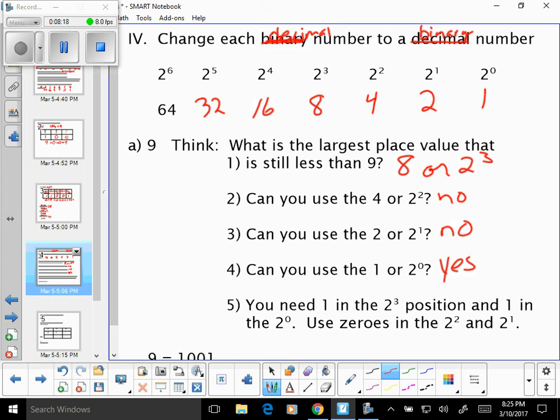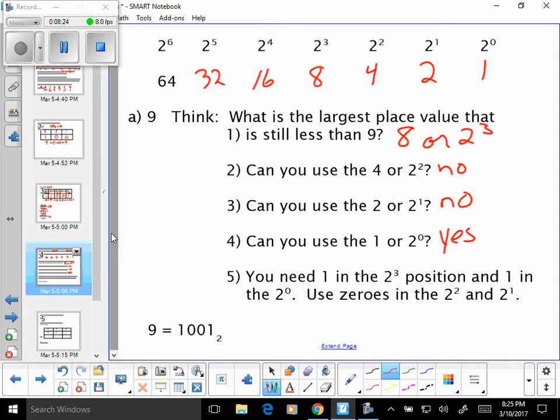Since I don't have 2 to the second or 2 to the first, I'm going to put zeros there. So 9 is going to be 1, 0, 0, 1, base 2. Don't forget your subscript. Think about it. This is 1, this is 2, this is 4, this is 8. Add 8 plus 1 is 9.